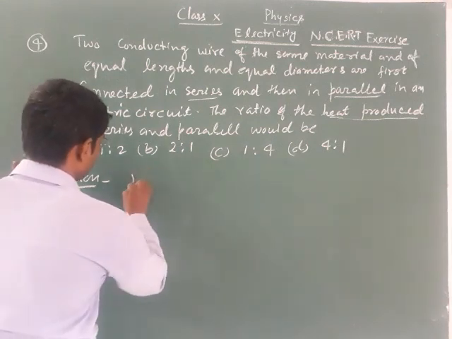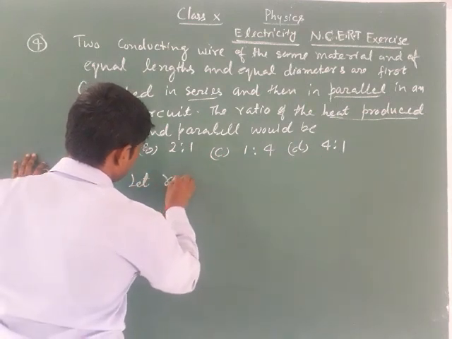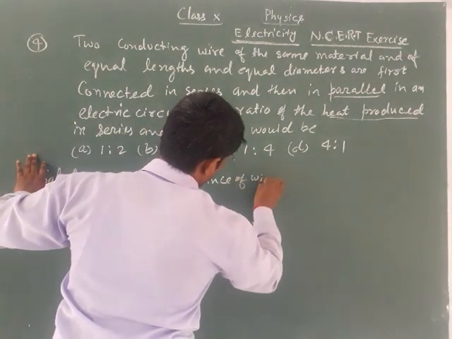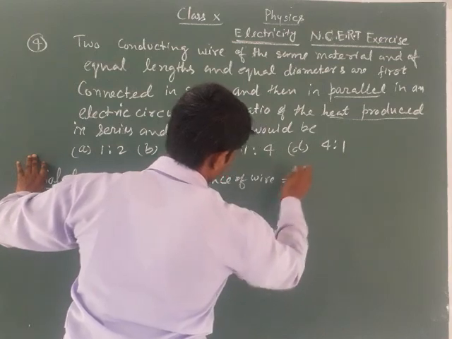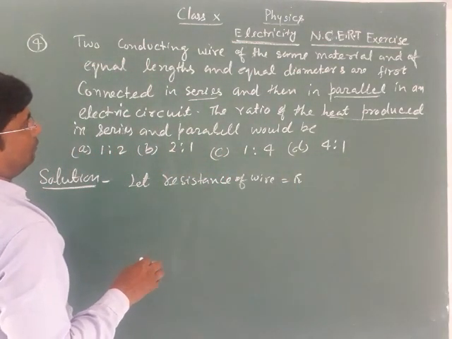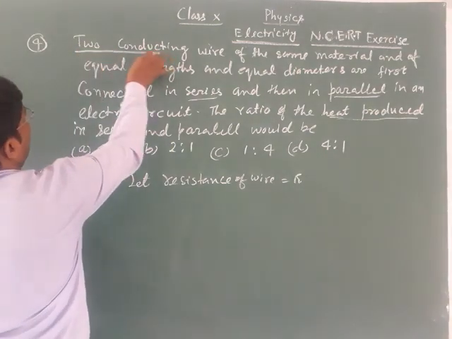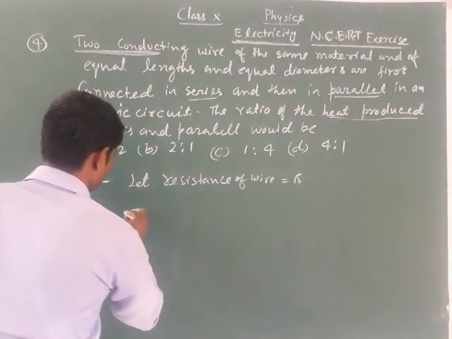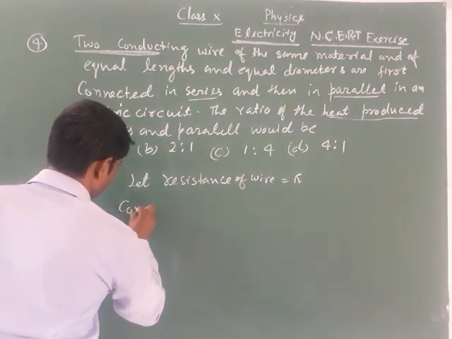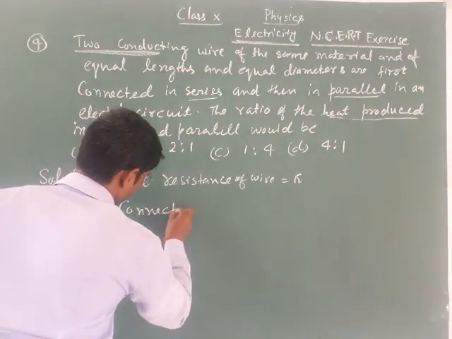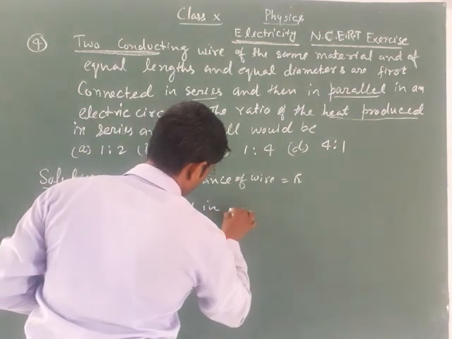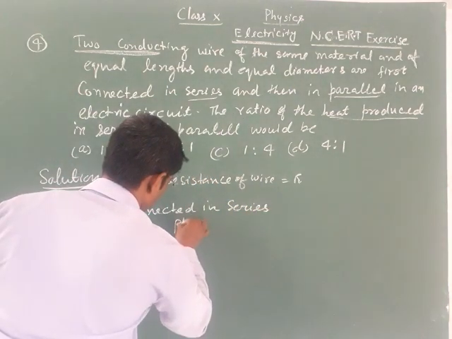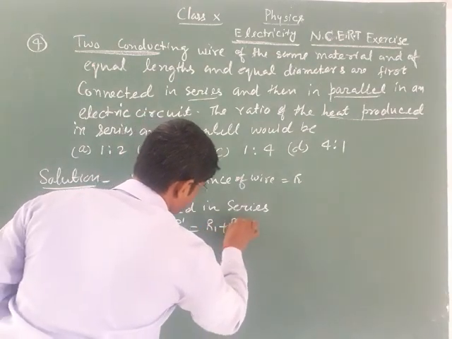Let the resistance of each wire be capital R. So these are two resistances. When two resistances are connected in series, R dash is equal to R1 plus R2.